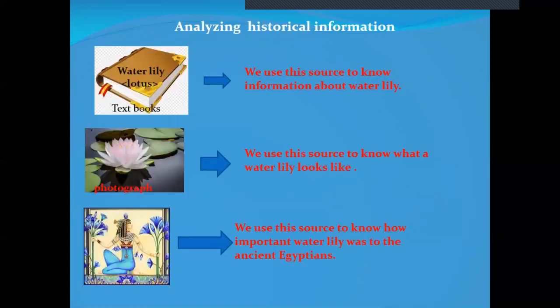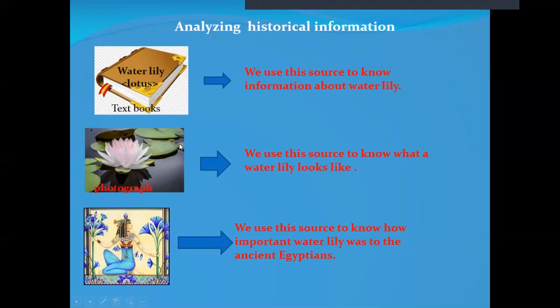Okay. Analyzing historical information, we can know more about many things from many sources, like water lily. We use the source boxes to know information about water lily. Look at this picture.